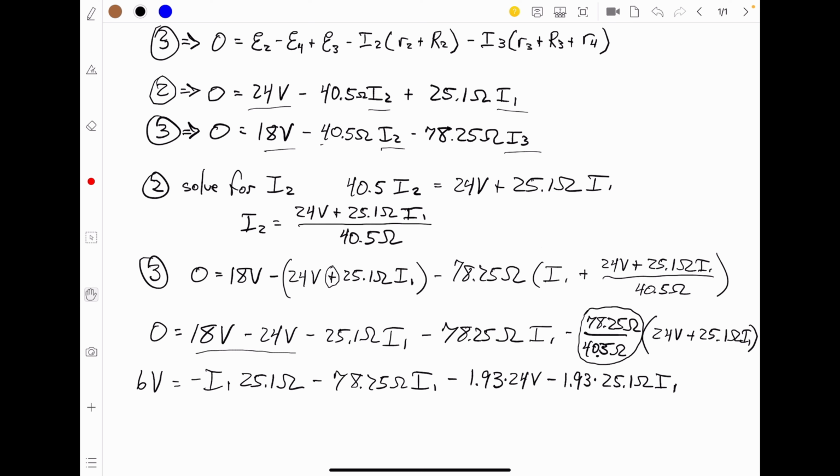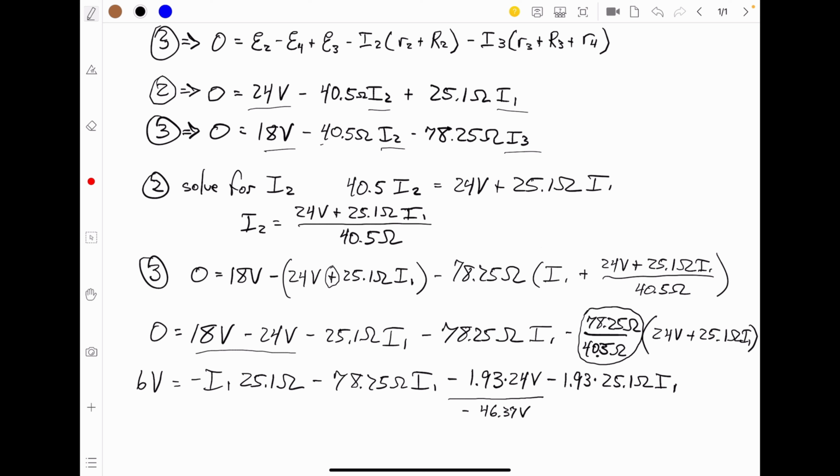Okay, so let's handle this bit first, this one right here, because I want that 24 volts times 1.93. So I'm going to multiply by 24. See what that is. That's 46.37 volts that we're subtracting off here.